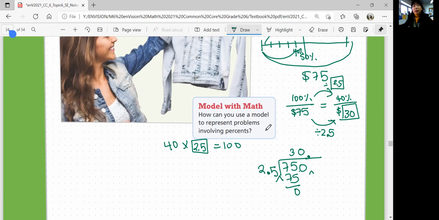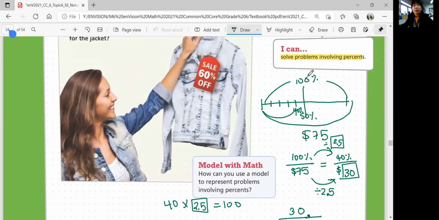What's another way to solve this? If 100% is $75, what is 10%? You divide 75 by 10 because 10% is 100 divided by 10.